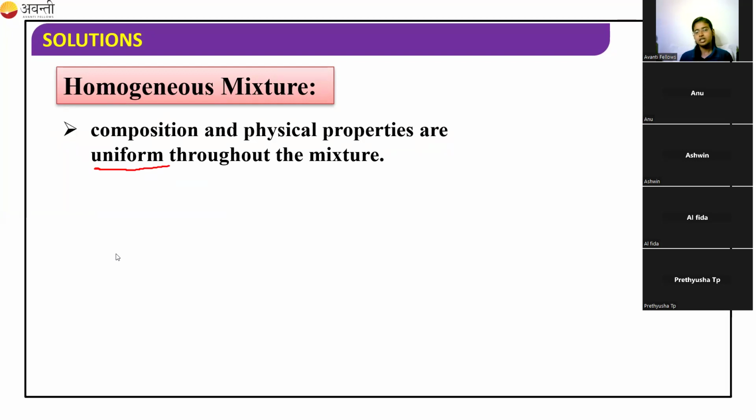If we have sugar, then the formula is C12H22O11, so that is the composition of sugar. The physical properties like melting point, boiling point, solubility, mass are uniform throughout the mixture. Then that mixture is called a homogeneous mixture.